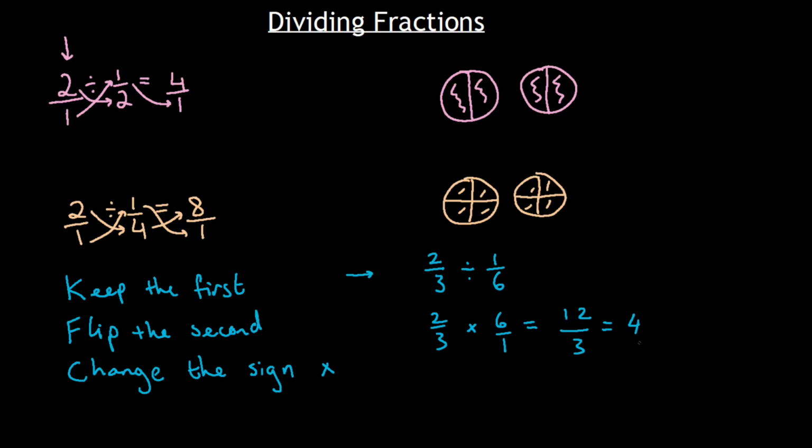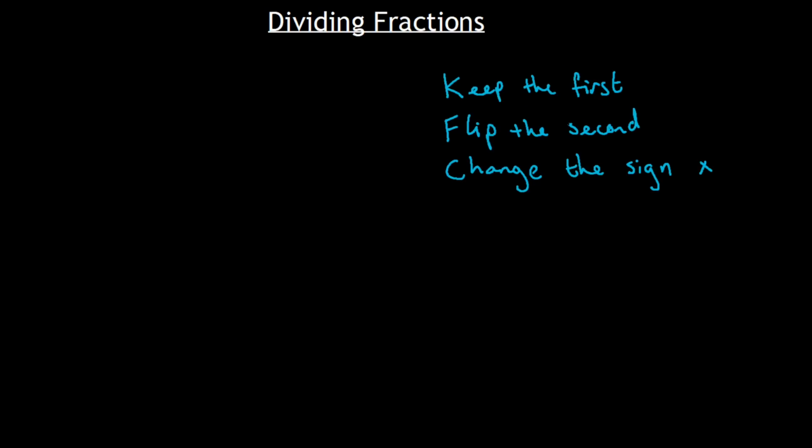Now let's have a look at some more examples. I've just copied and pasted the KFC here on the right hand side, and let's have a look at dividing 4/5 divided by, say, 2/9.